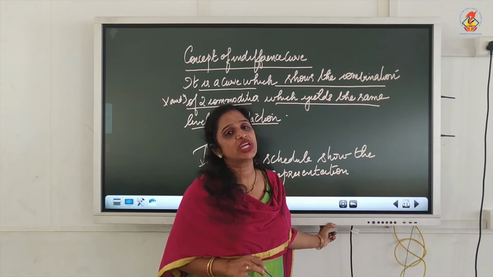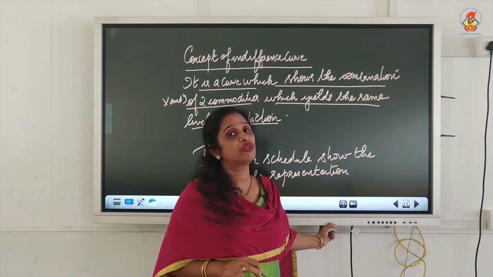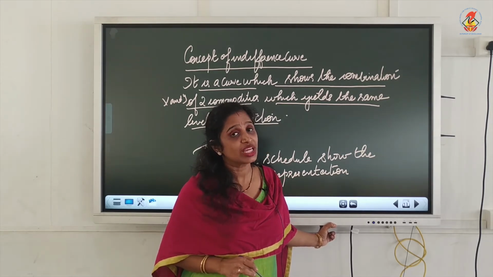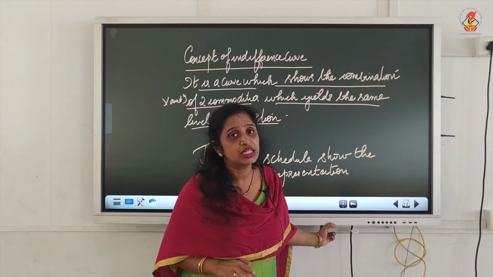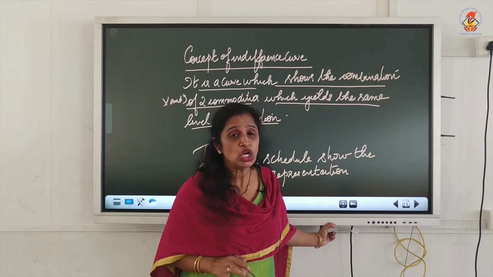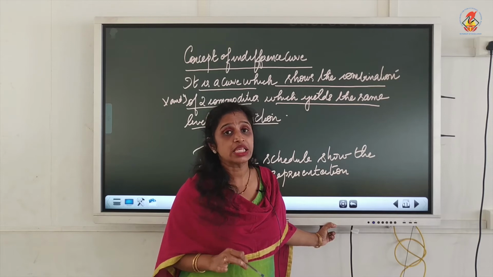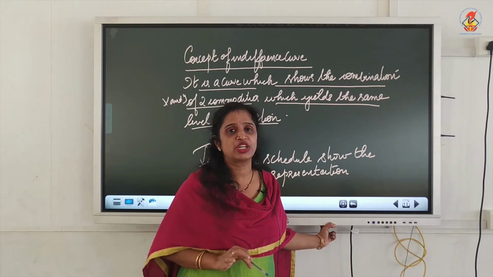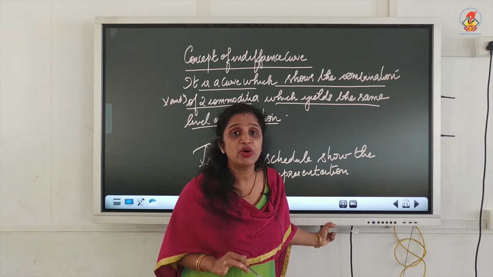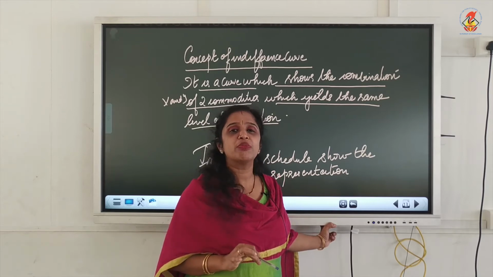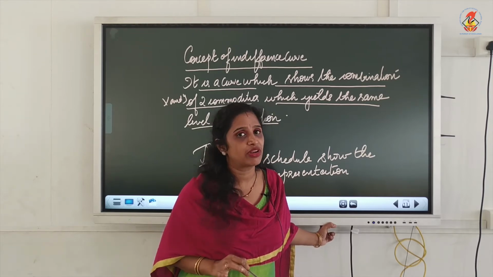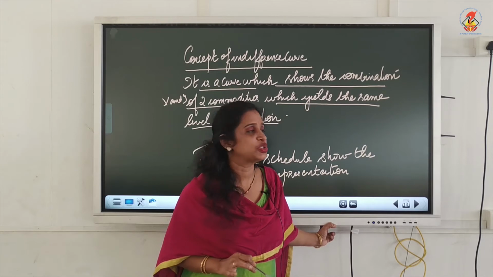So, here JR HICKS has used the concept of ordinal utility. So, indifference curve is a curve which shows the combinations of two goods which gives the same level of satisfaction to the consumer. He is using two commodities X and Y. Both the commodities yield the same level of satisfaction to the consumer.